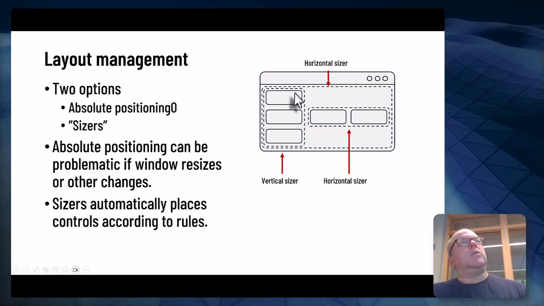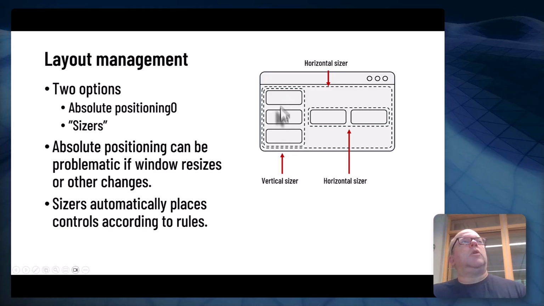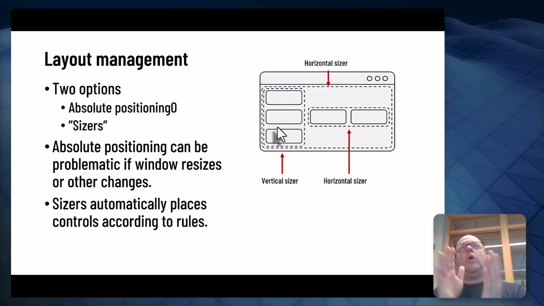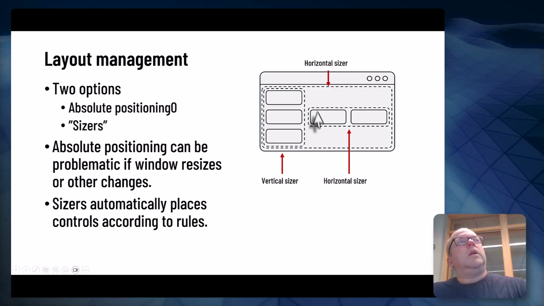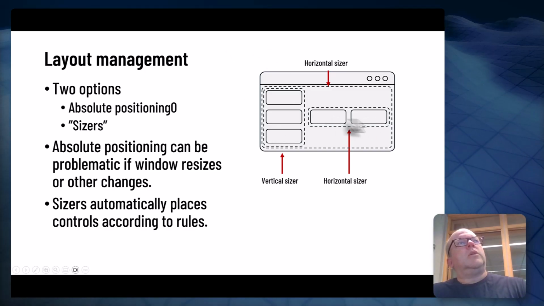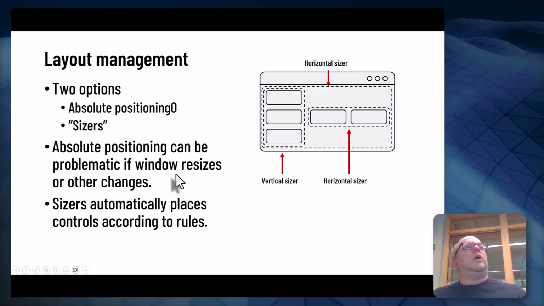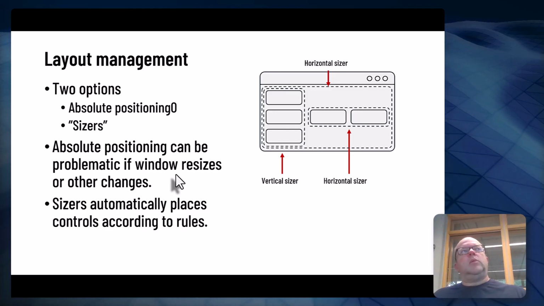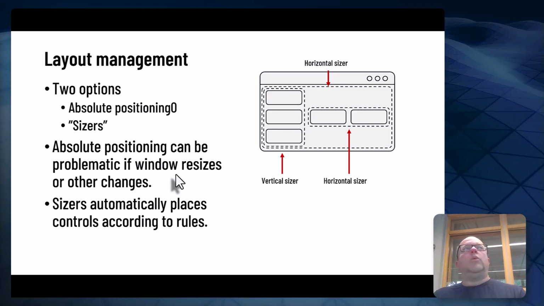I have a vertical sizer that is part of the outer one that stacks the controls on top of each other. By default, it has some margins between them as well, so it doesn't stack them close together. And here I have another horizontal sizer that is stacked together like this. So they automatically place controls according to rules. So if the window resizes, it will move the controls according to certain rules.